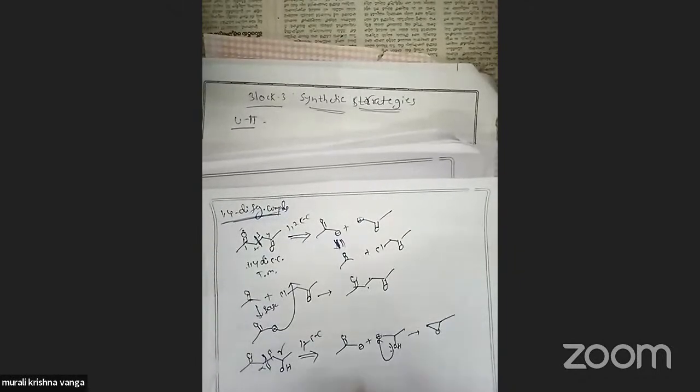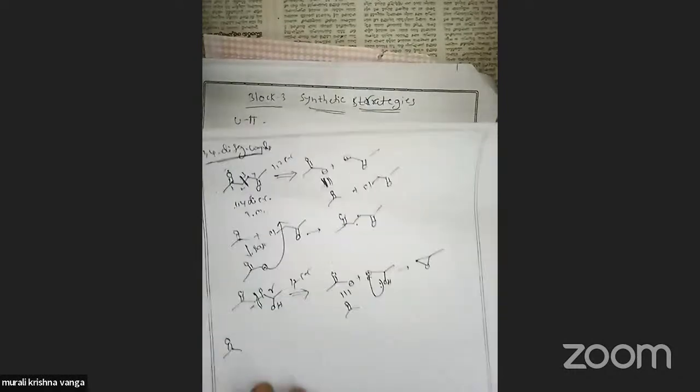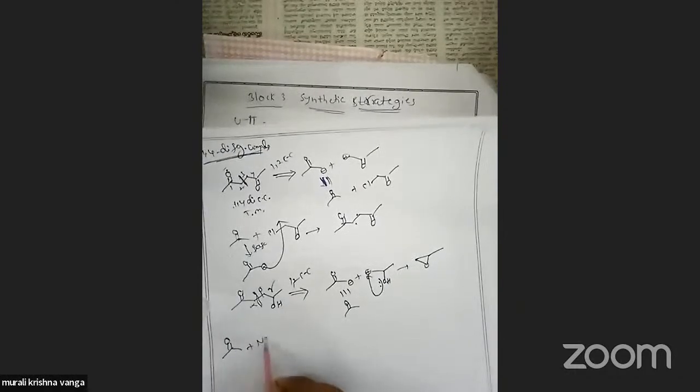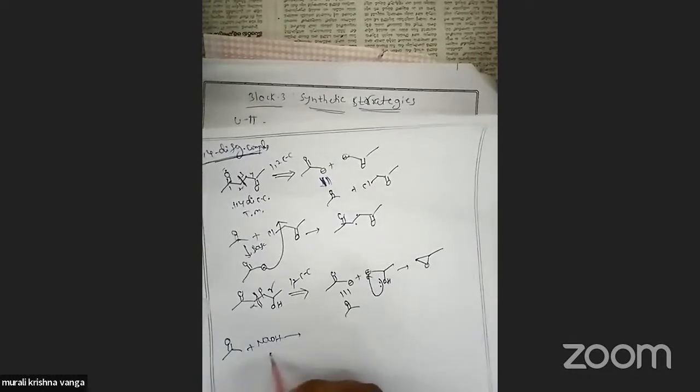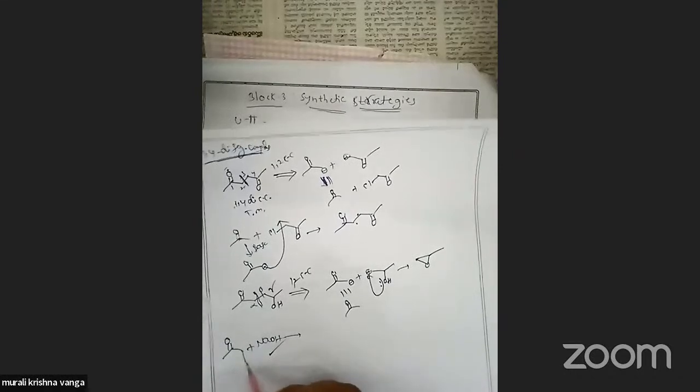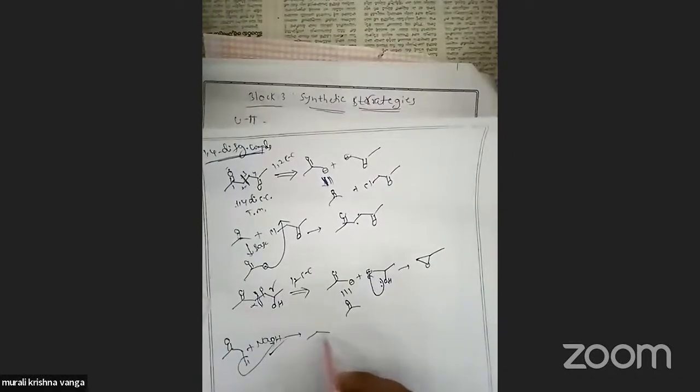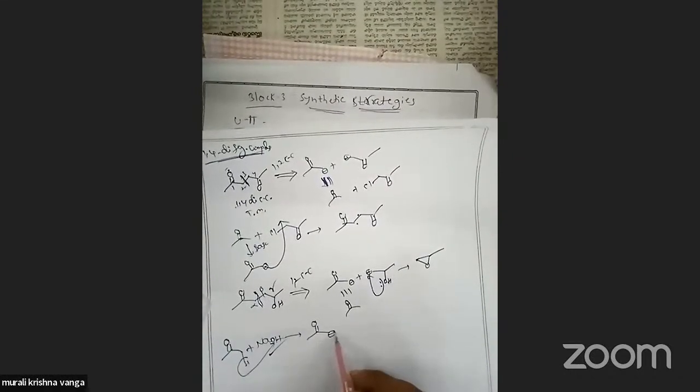So this is the synthetic equivalent, and the other is acetone. When this acetone reacts with base, we know already, sodium hydroxide or potassium hydroxide, K2CO3, sodium hydride, any base you can take. I am taking sodium hydroxide. Base subtracts the proton from the alpha position of the carbonyl compound. The product is an alpha carbanion.